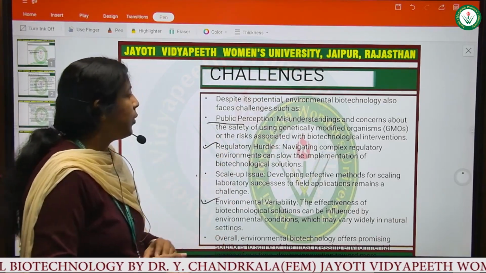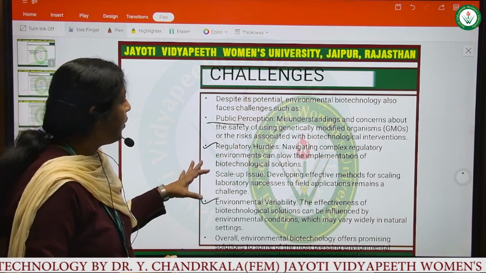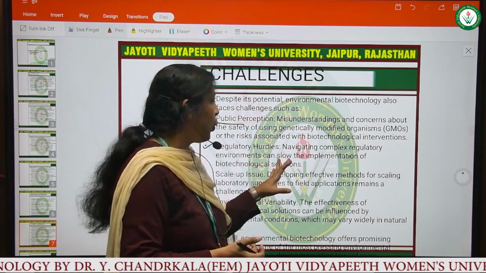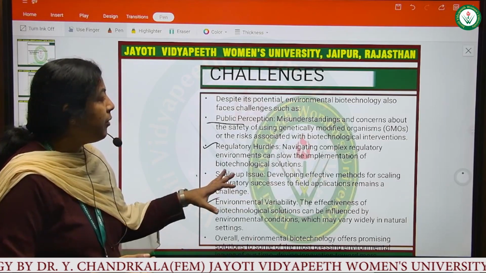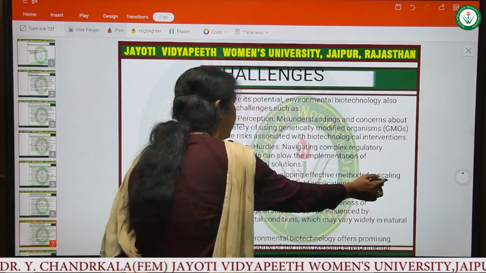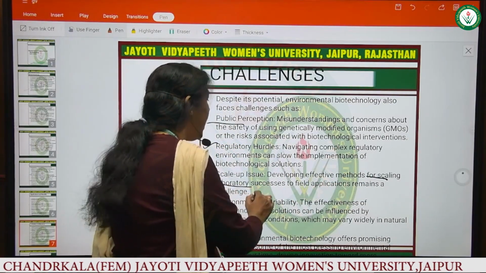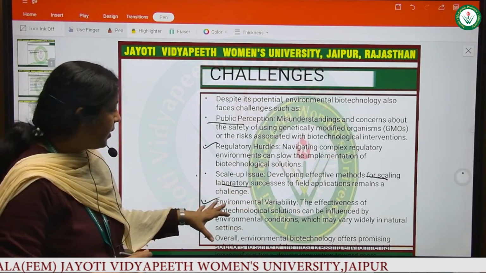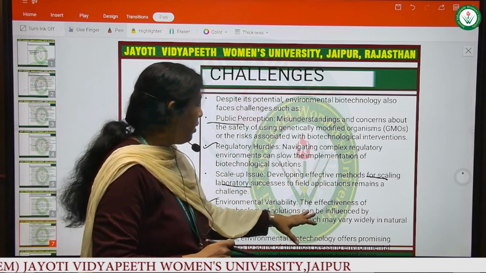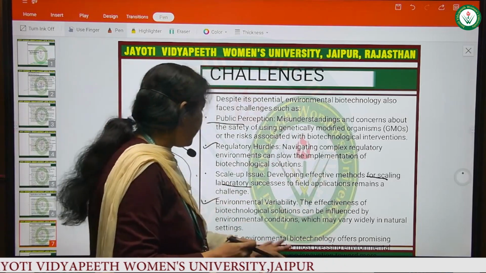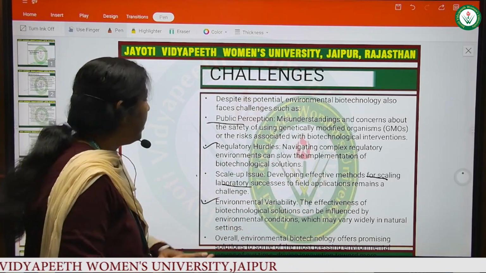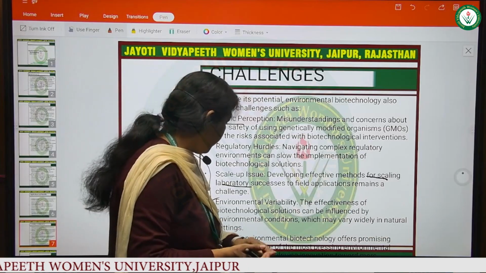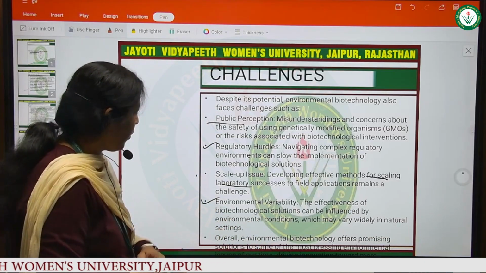Regulatory hurdles can slow down implementation. Scaling up and developing an effective method to go from lab to field remains a challenge in the current scenario. Regarding environmental vulnerability, the effectiveness of biotechnology is influenced by environmental conditions, which we have to set up in a natural setting.